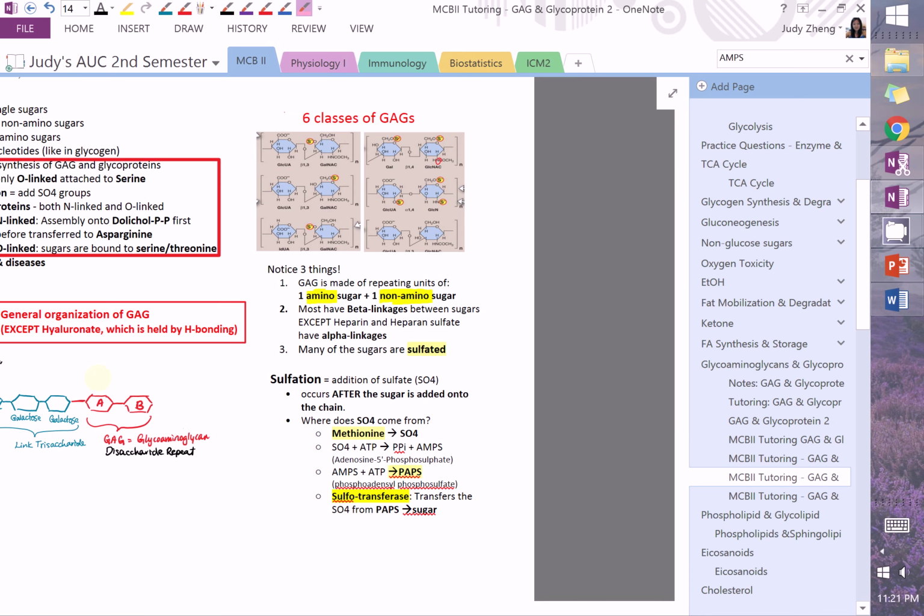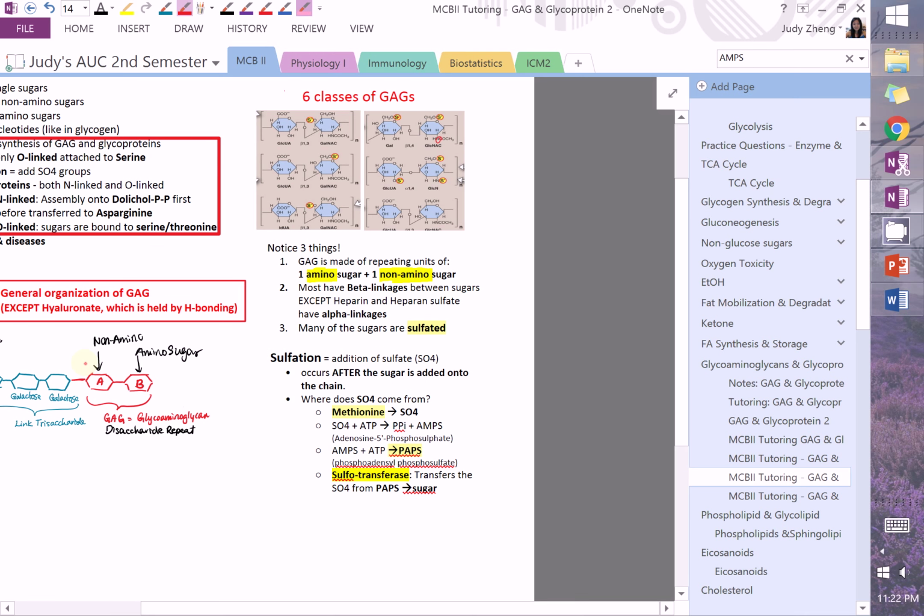So let's say A is a non-amino sugar, and then B will be an amino sugar. And it forms into this alternating pattern, these 2 molecules will repeat many times. So this will be like A, B, A, B, A, B, etc. And this will form into a very long chain.